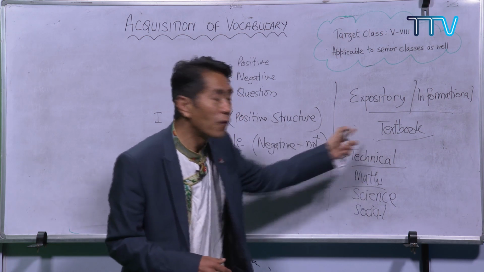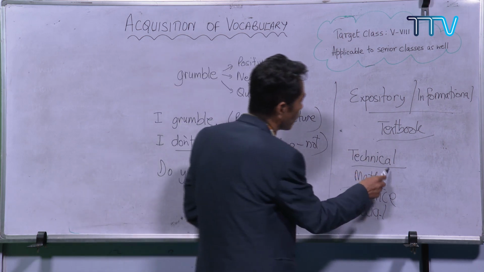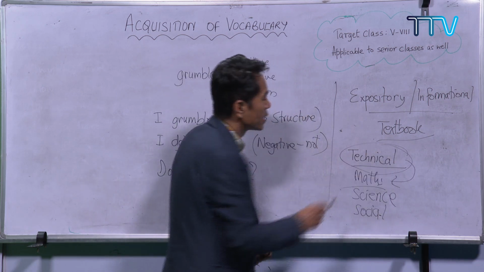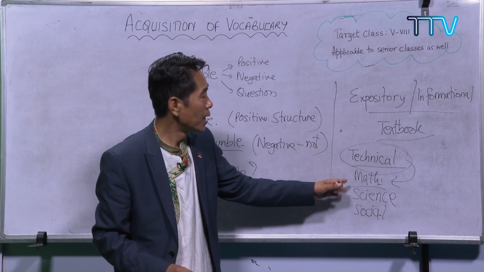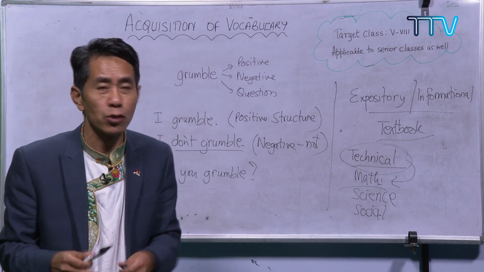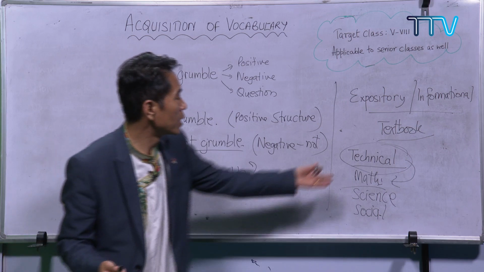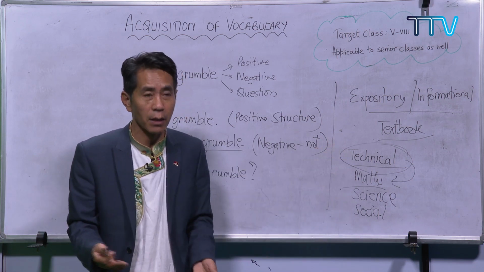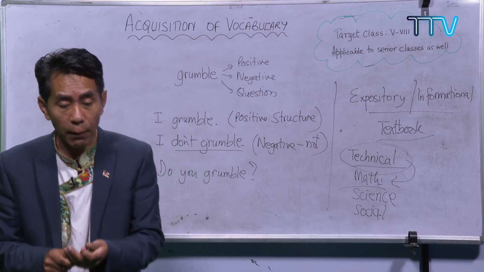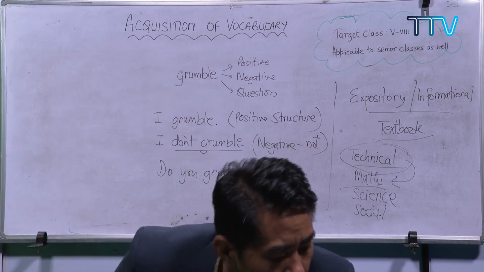Once you are familiar with these technical words, for example, terms related to maths, then these terms get repeated when you go to higher classes. So you become familiar with these technical words right from your lower classes. So that is the thing that you have to keep in mind.